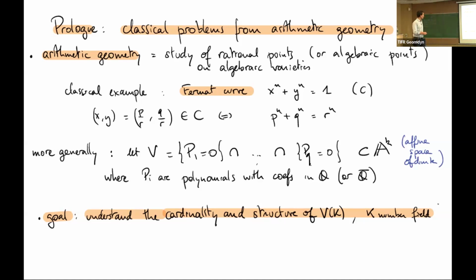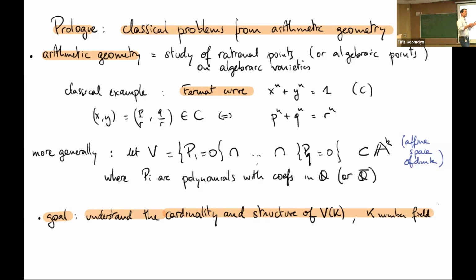More generally, you take a variety which is defined by a certain number of polynomial equations. These polynomials are defined over the field of rational numbers or maybe algebraic numbers, and maybe you see it as a subvariety of affine space. This notation A^k is for the affine space. It's important not to say that it is Q^k or Q-bar^k, because the field will change.